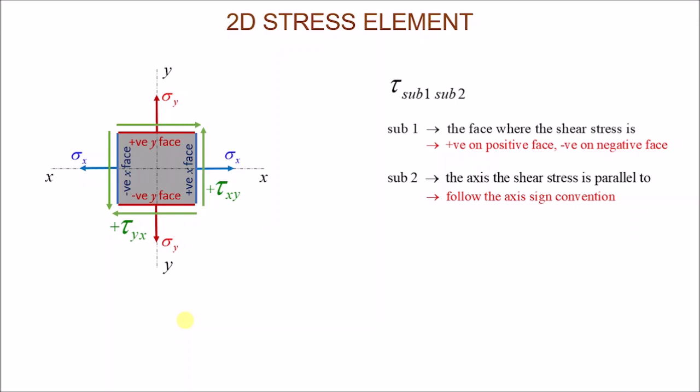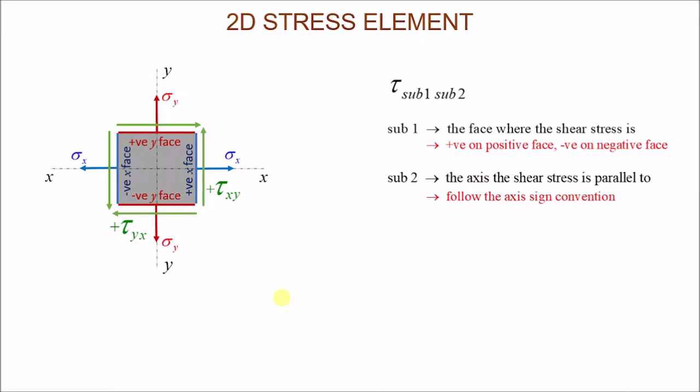And when you use the approach that I showed you, you will find that the shear stress on this face pointing in this direction will give you a positive shear stress, and that one also will give you a positive shear stress. So this leads me to the next point I am going to make.